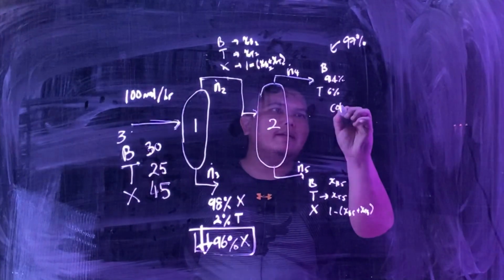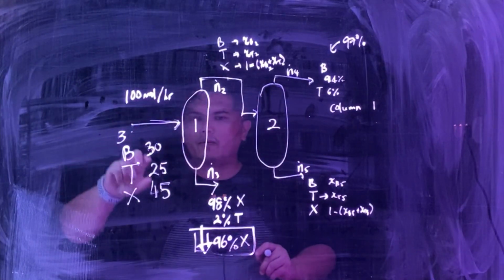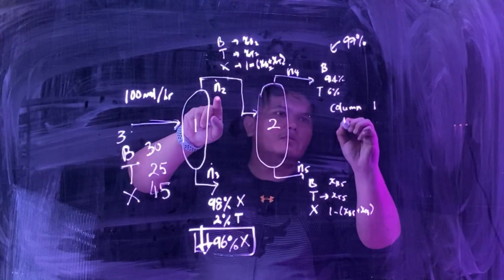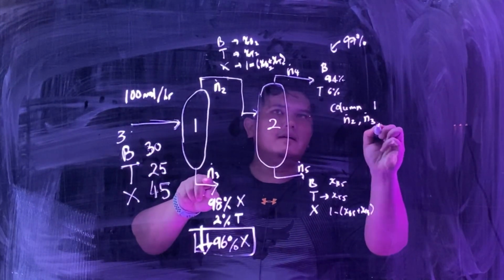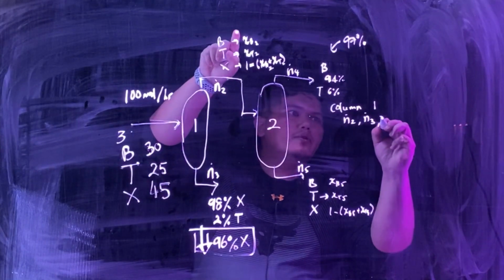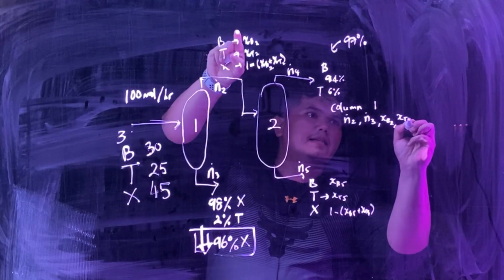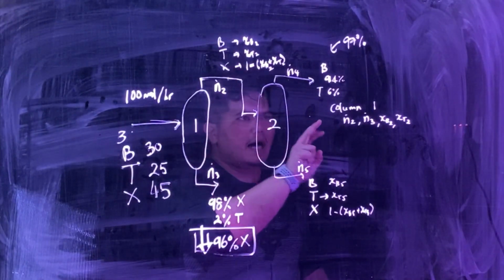In column 1, what are the unknowns that we do not know? First of all, we don't know what N2 is. We don't know what N3 is. We also don't know what XB2 is, and we also don't know what XT2 is. So here we have 4 unknowns.